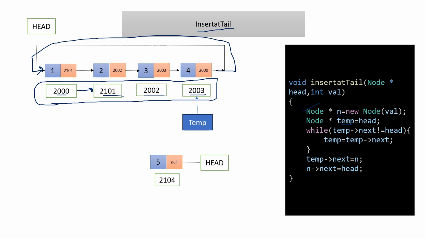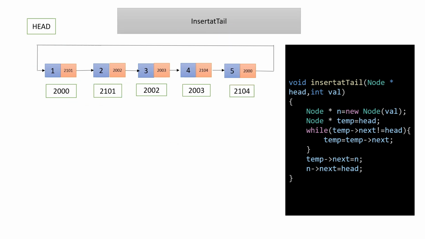When we find that we are at the last node, which points to our head, our temp next will point to the new node, and our new node points to the head. So this is how insert at tail is completed. Now the linked list looks like that. First we put our temp next to our node, and then our new node next will point to our head. So this is how insert at tail is done.